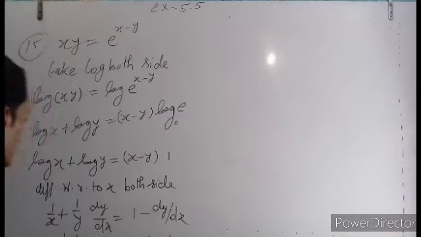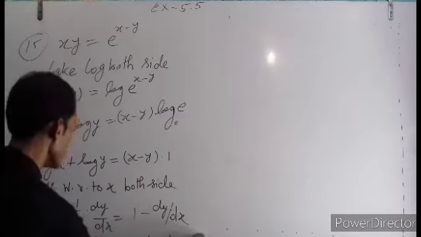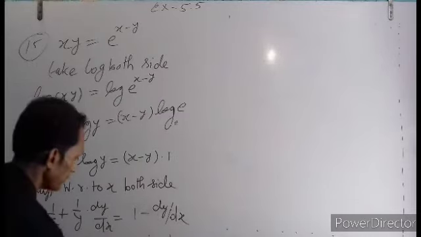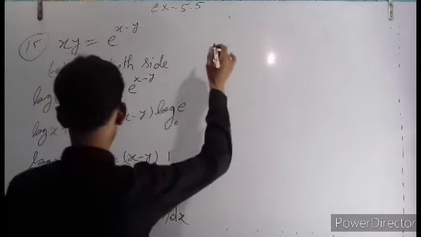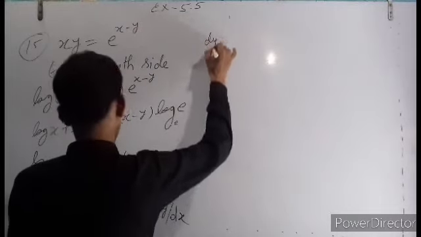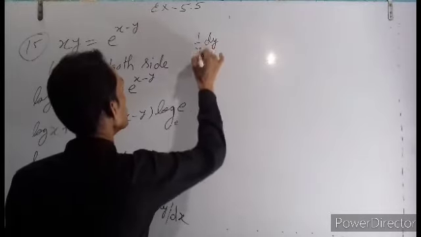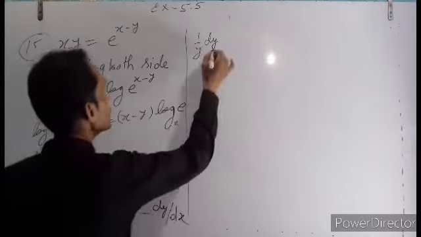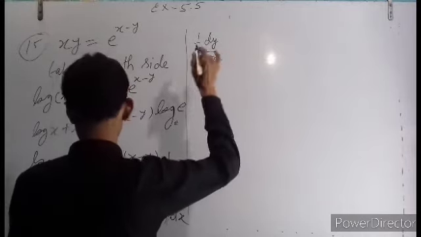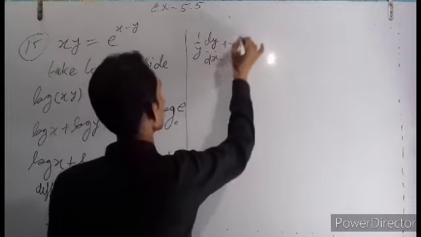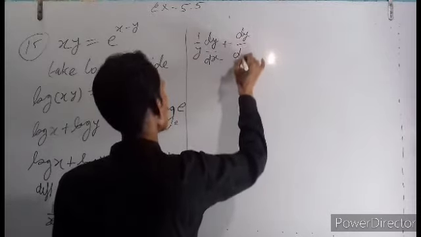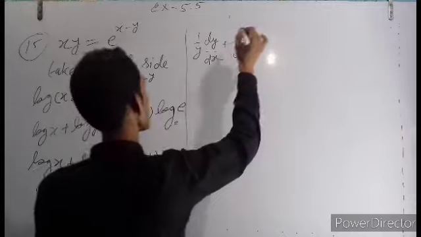After this you can see here 1 upon y dy by dx plus dy by dx, and on the RHS what will come?